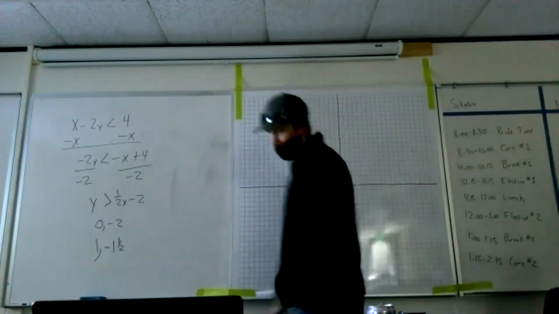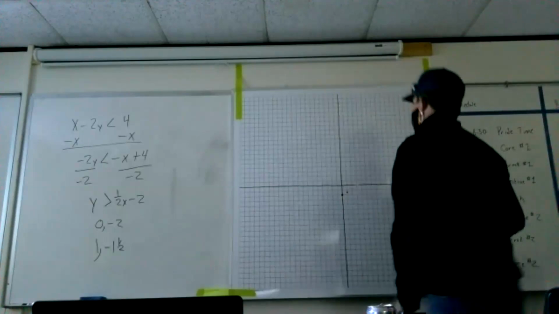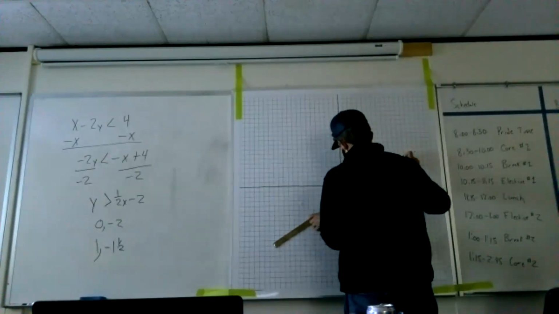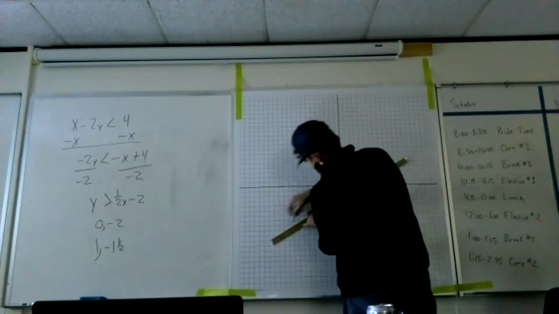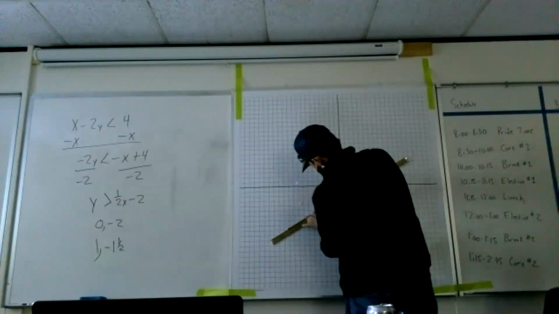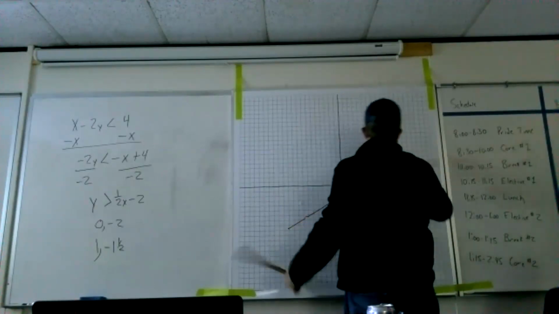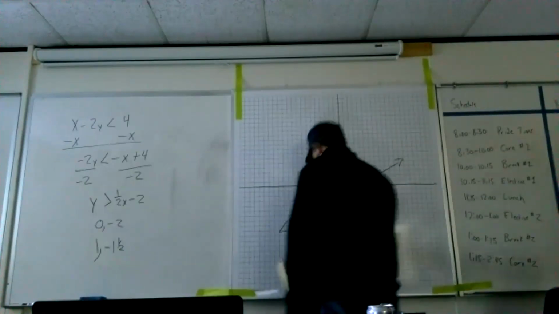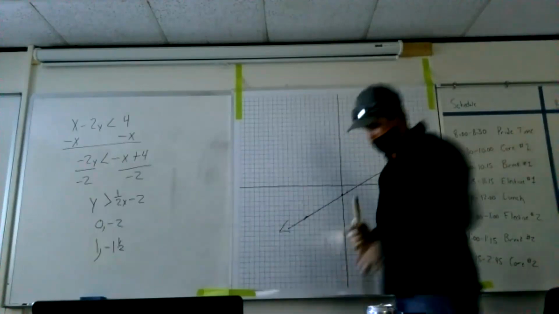And now I have all the information that I need to draw my line. Helps if I can get my thumb out of the way. Okay, so this is what my line looks like.